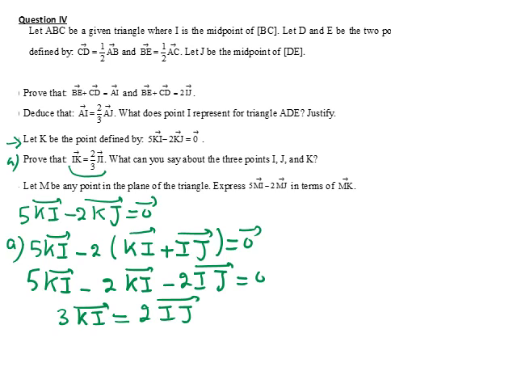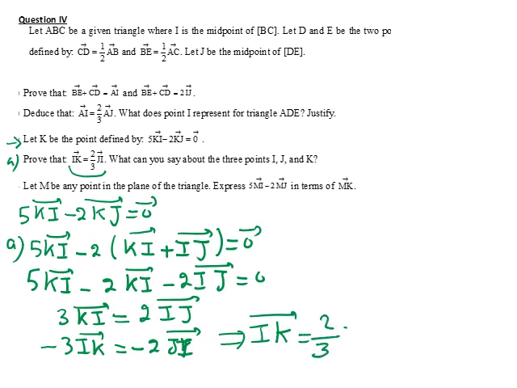So minus 3IK equals minus 2JI. Then we can conclude that IK equals 2 over 3 JI. So this expression is verified.